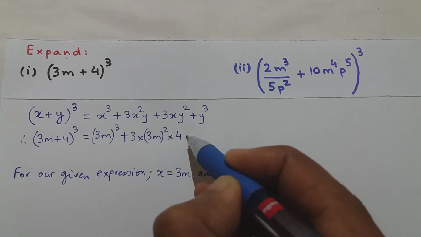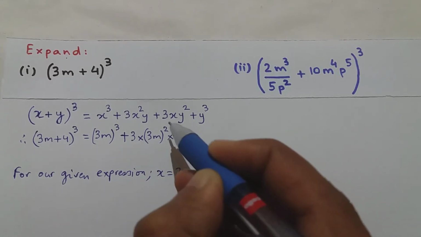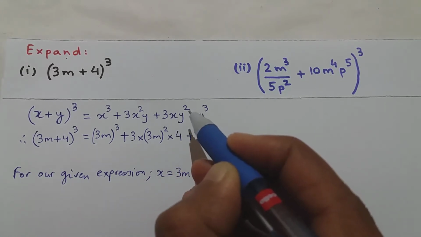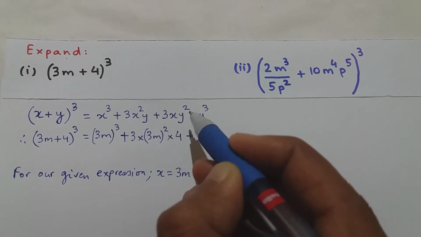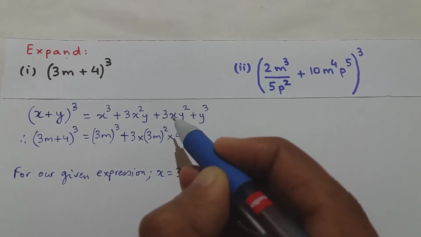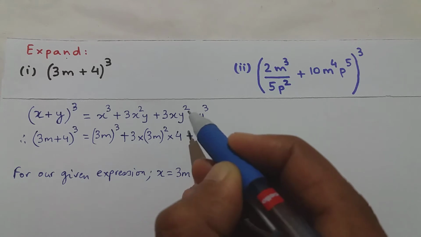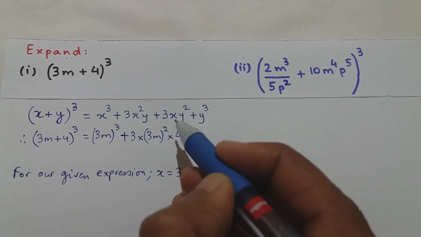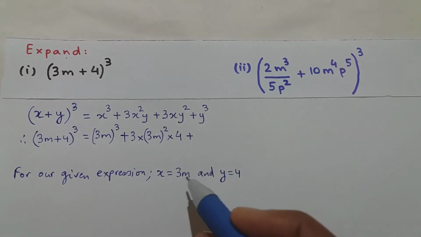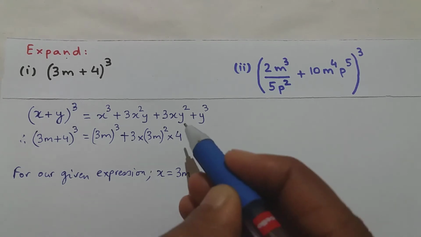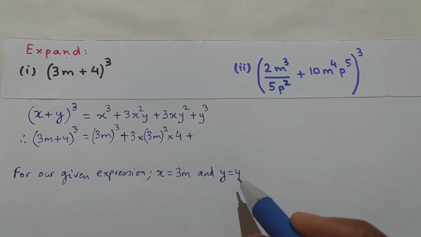Plus 3xy square. Now 3xy square means 3 into x into y square. For our given expression, x is 3m and y is 4.